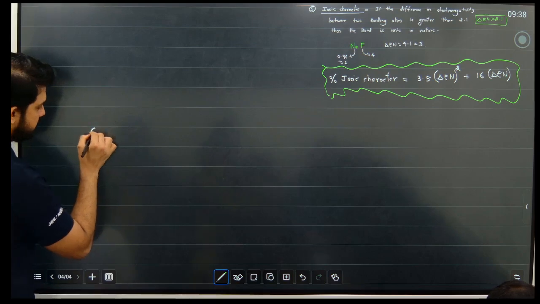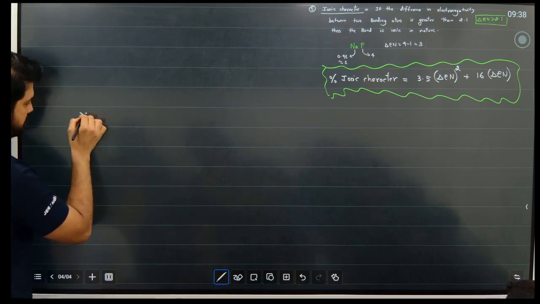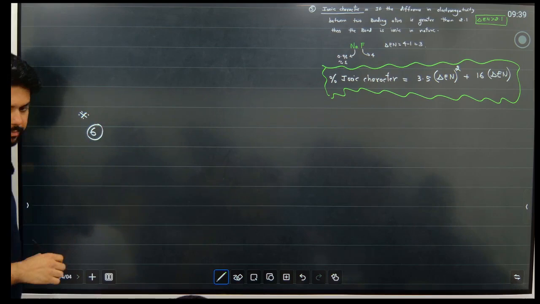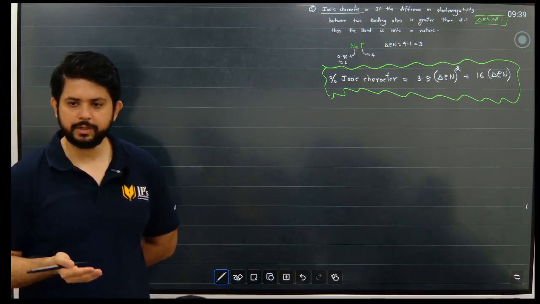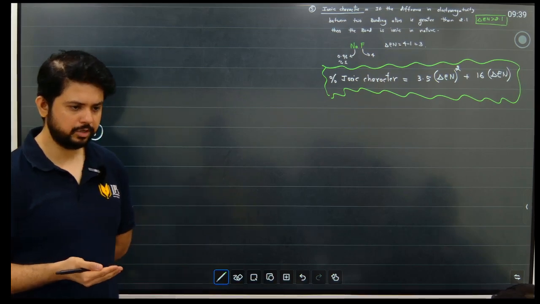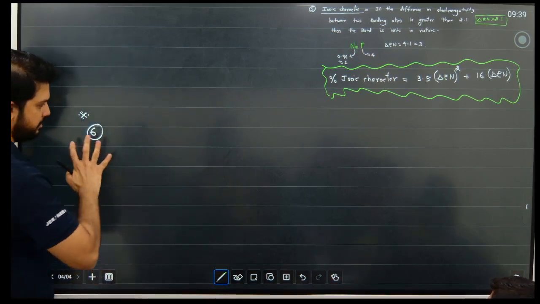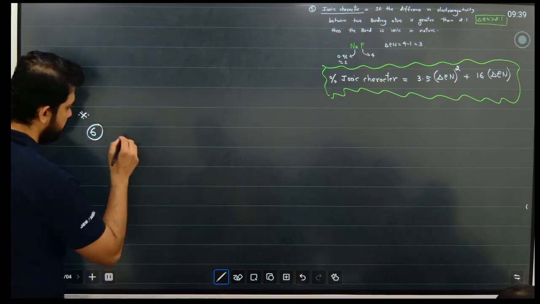Now people, the sixth point is a concept which we haven't done yet. We will do it in a chapter called chemical bonding and molecular structure. तो फिलहाल के लिए मैं सिर्फ उसको लिख के ले रहा हूँ.